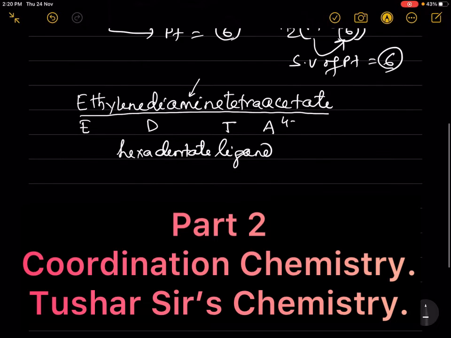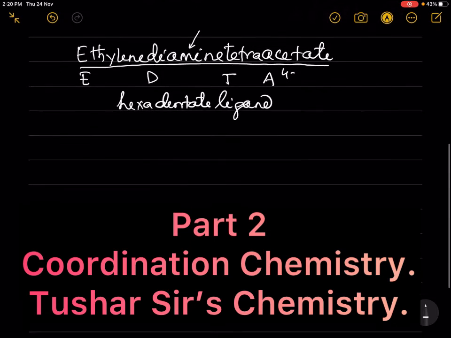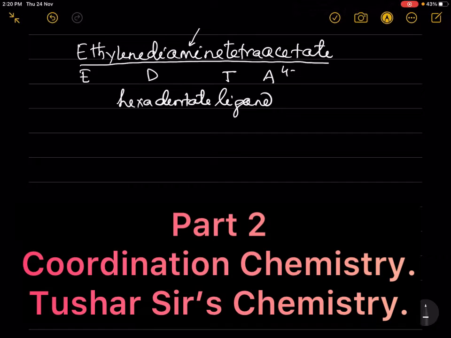Now we will draw the structure of ethylene diamine tetraacetate. You see, ethylene means it is CH2 double bond CH2. When it is bonded to two amine groups, the double bond over here becomes a single bond.